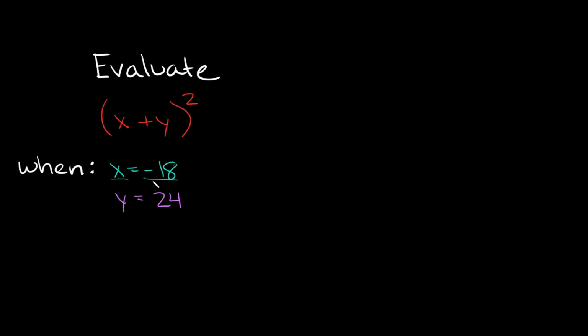So again, that means I'm going to plug in negative 18 for x right here. And I'm being told y is equal to 24, so I'm going to plug in 24 for y right there. So when we rewrite this, this is going to be in parentheses, negative 18 plus 24. And remember, this whole thing is squared, right? Got this exponent here, so it's right there.